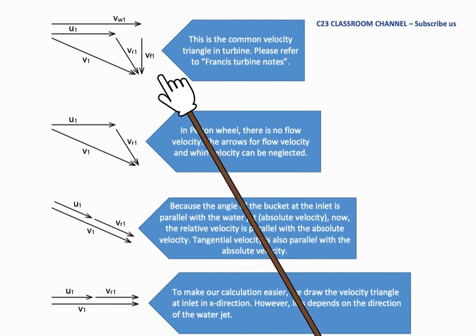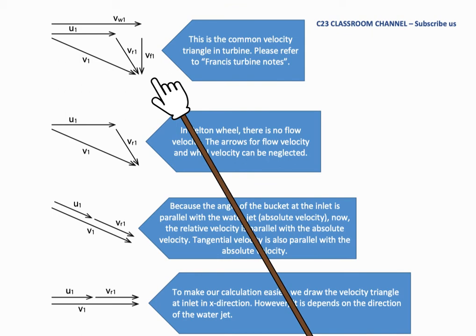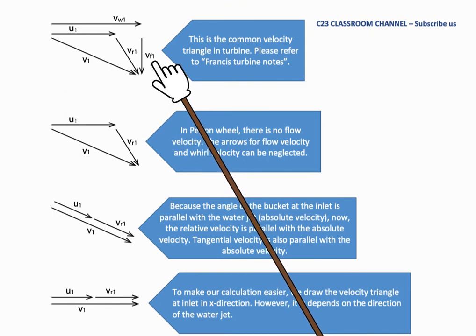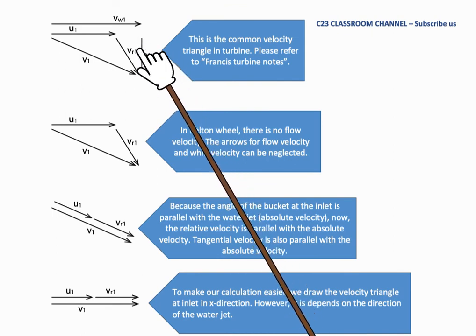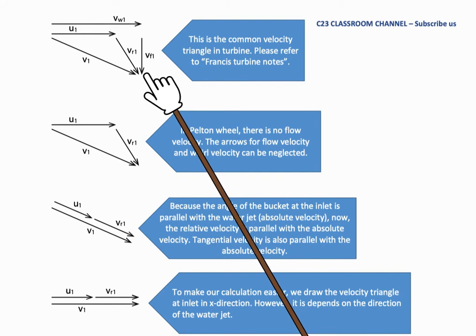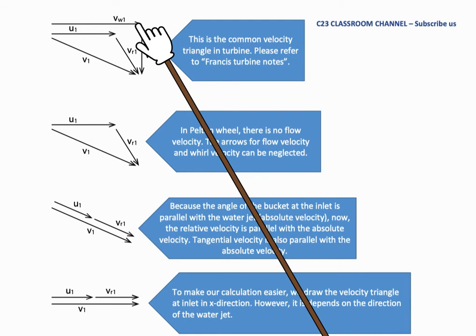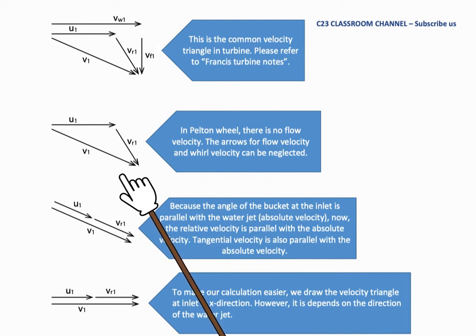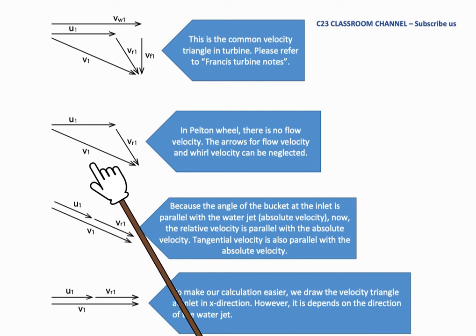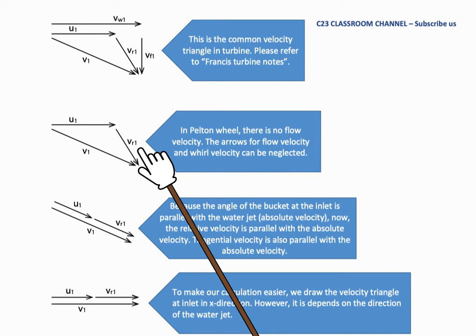And because in the Pelton wheel we don't have any theoretical flow rate at inlet, we don't have VF1 and VW1. Now our velocity triangle becomes like this. We have only V1, and U1 and VR1.